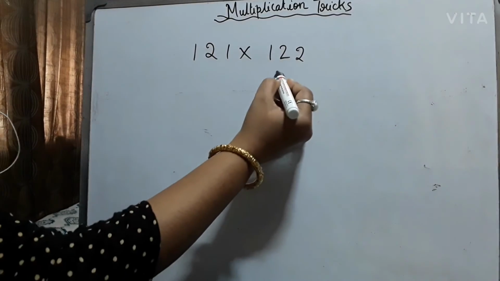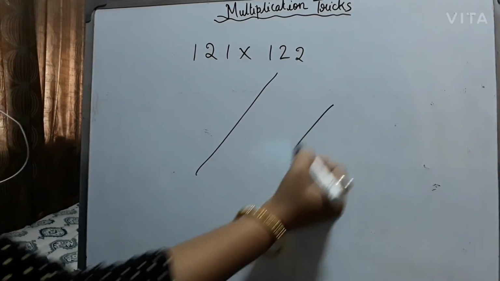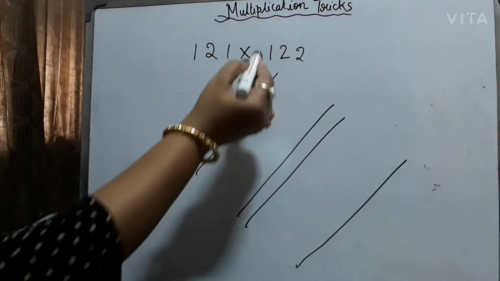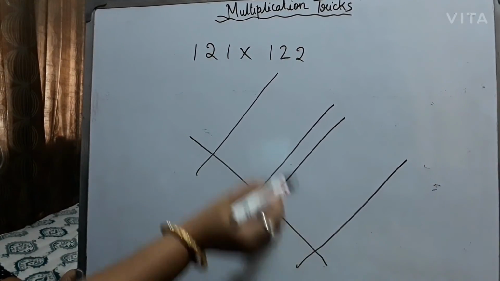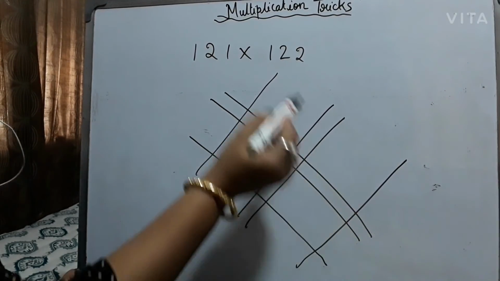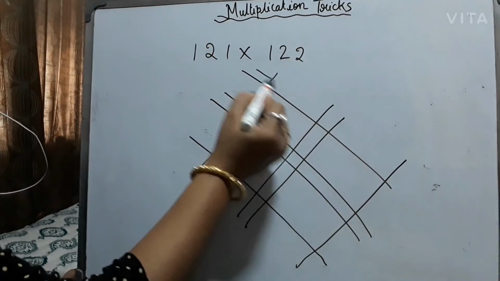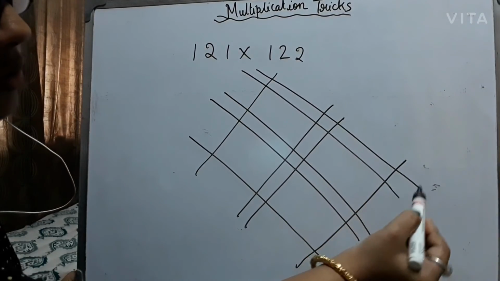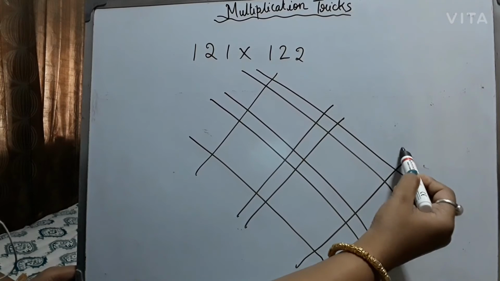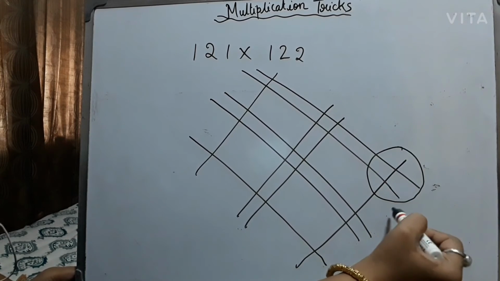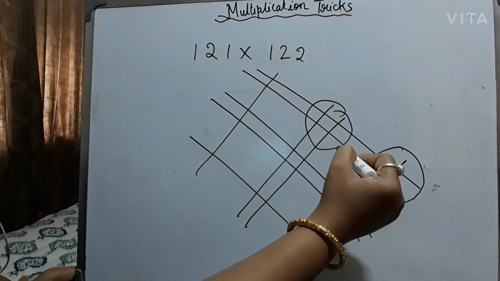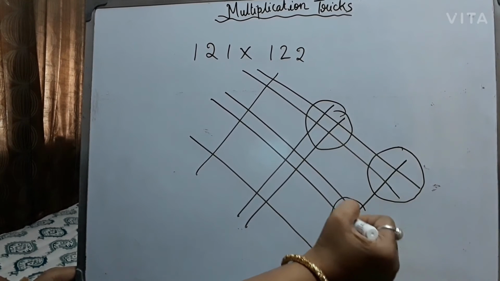So, 1, then 2, then 1, and on this side 1, 2, 1 likewise. Just check from this corner, a diamond shape should come. In this portion one sum will come, in the middle portion a single sum will come, and in this and this.